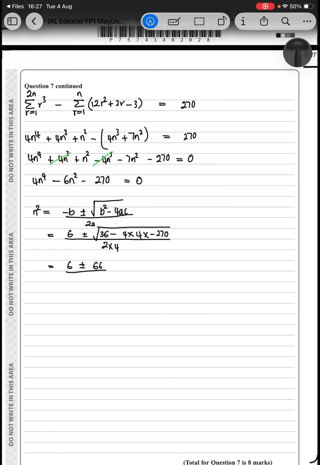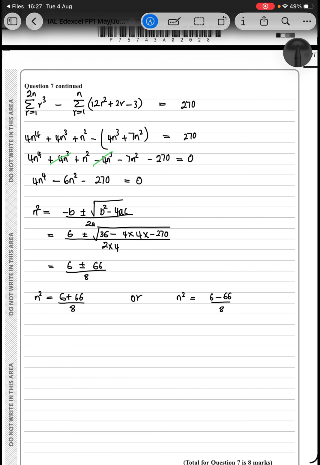So now n squared can be 6 plus 66 over 8, or n squared can be 6 minus 66 over 8.